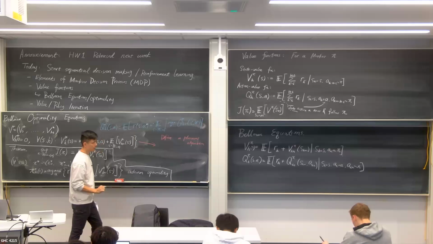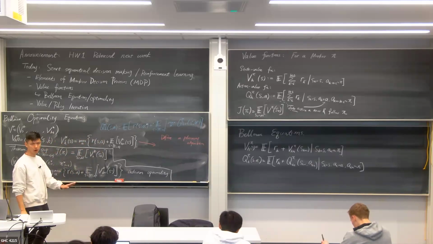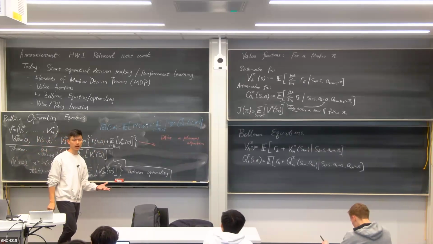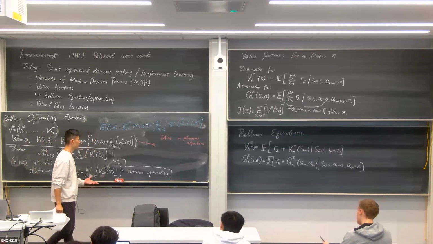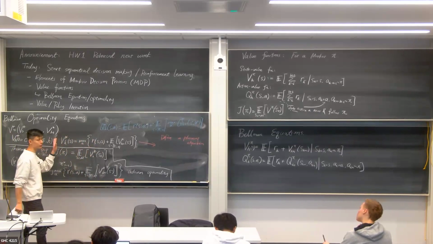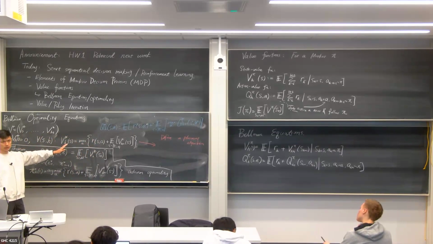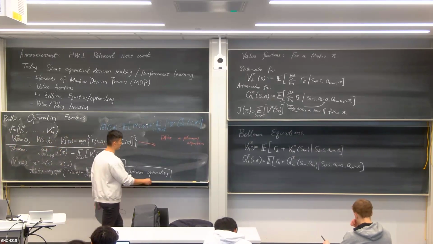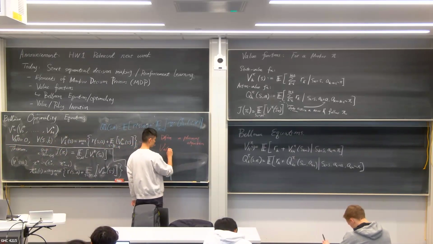A planning algorithm is really just finding a pi star that optimizes J pi. And if you actually do the computation, writing down this set of values for V star at step h using these recursive relations, this algorithm is called value iteration.